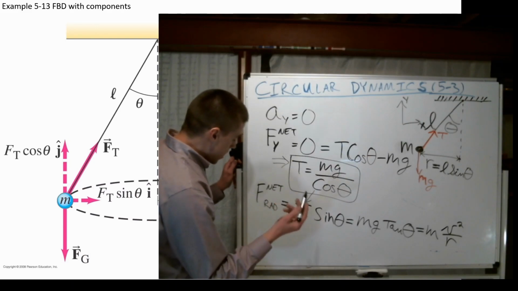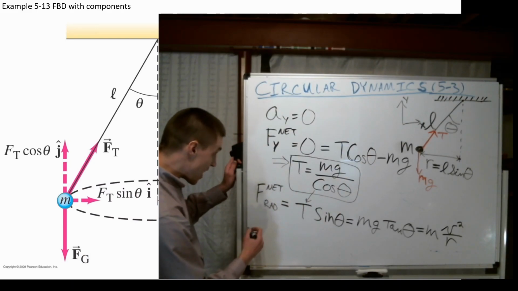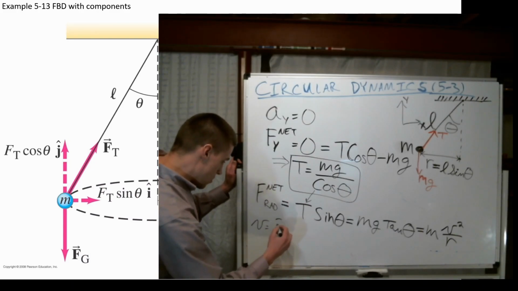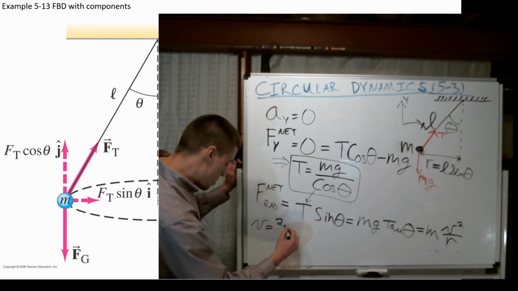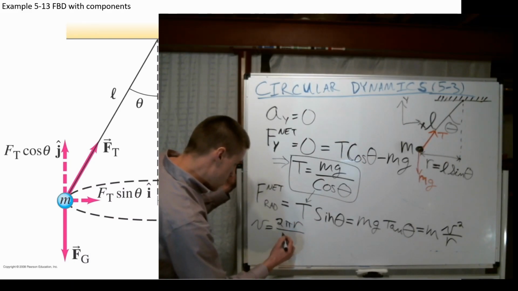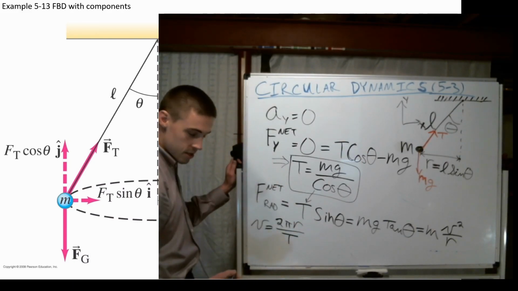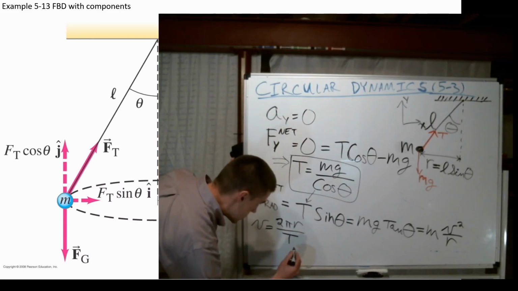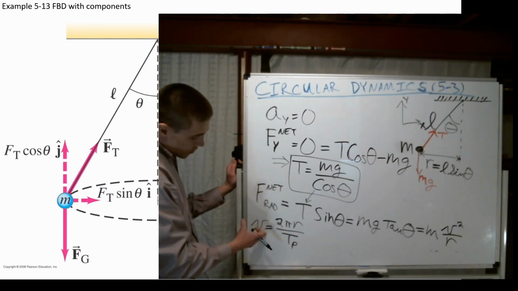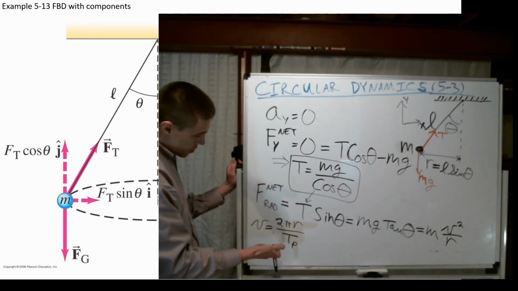And also I know that v is 2 pi r over the period, T sub p. We know this because the object is in uniform circular motion.